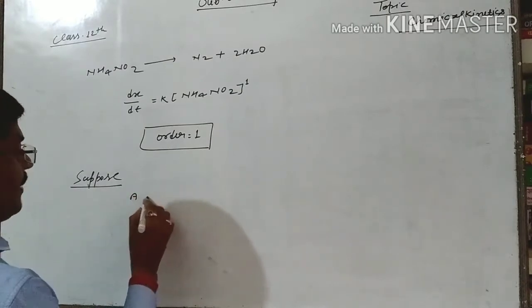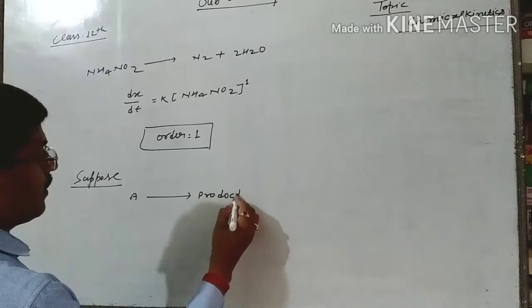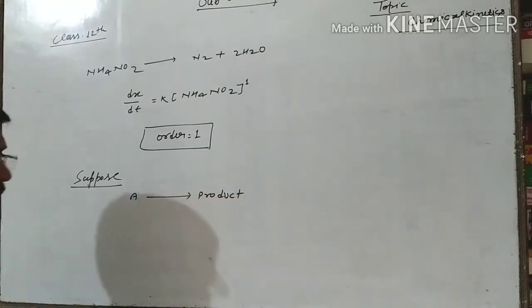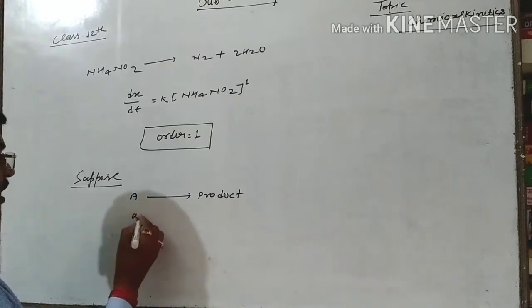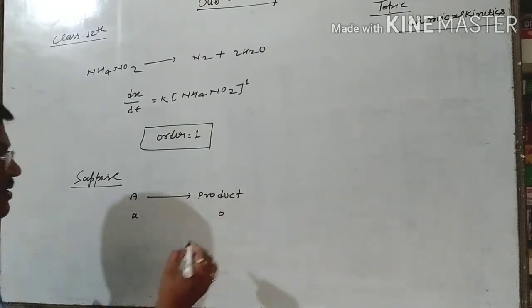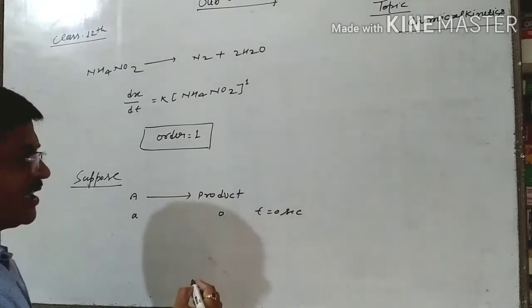a reactant A I have taken which gives a product. Initially, small a mole per liter of this concentration is taken, but here nothing has formed because t is equal to 0 second.